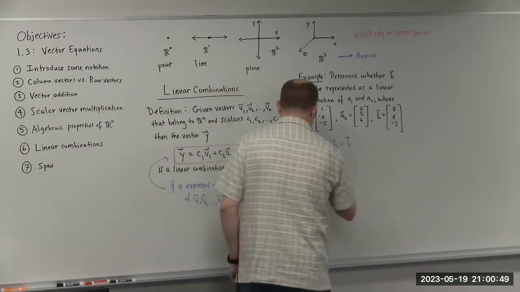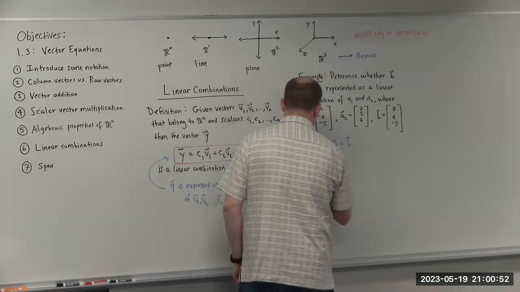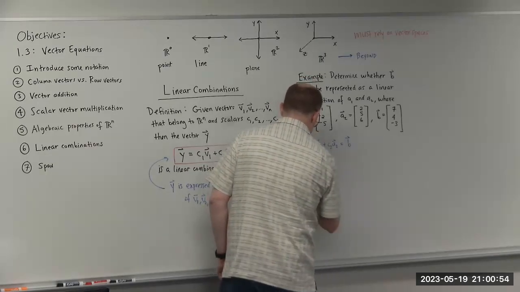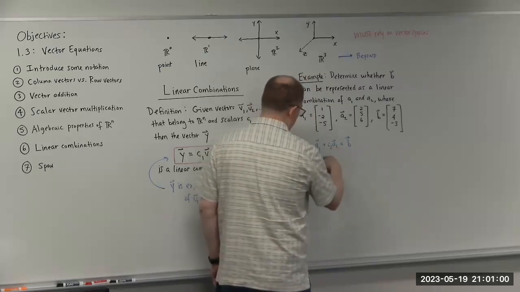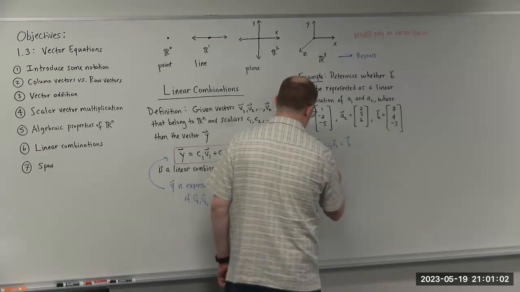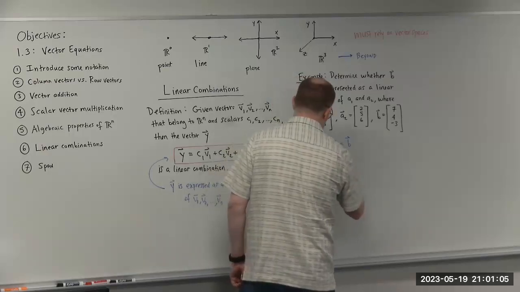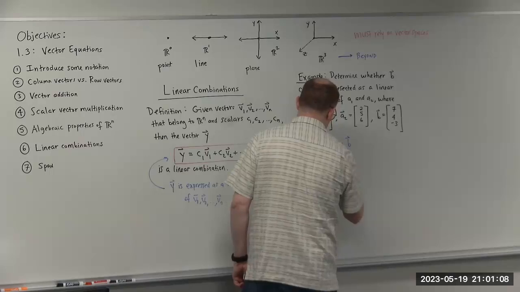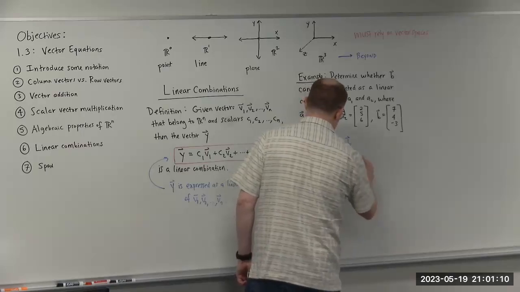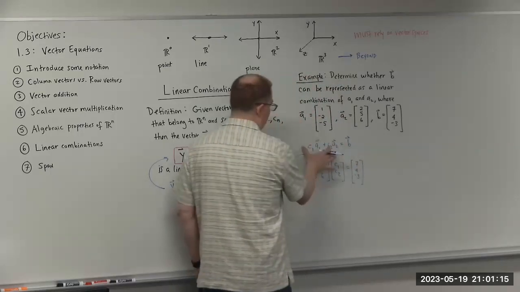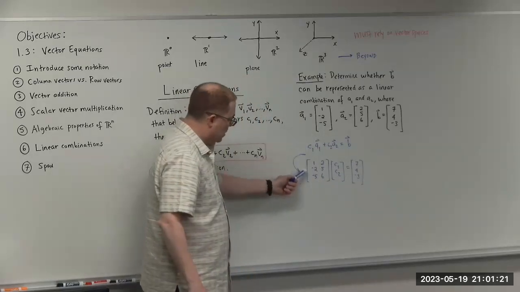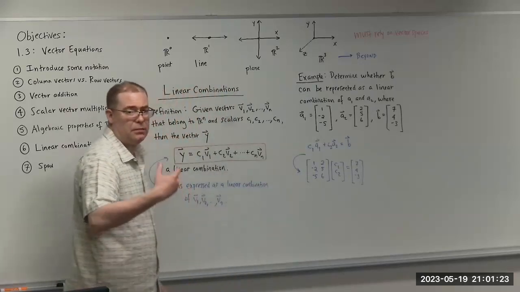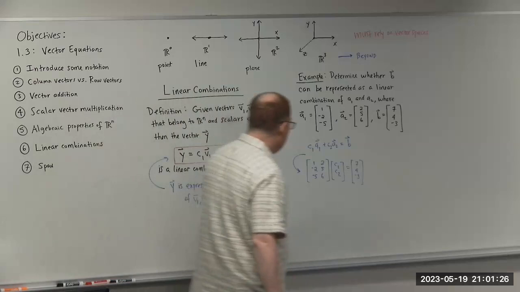So we have A1 plus A2, times C1, C2, and then here's our vector B. The formatting of this is discussed a little bit more in section 4.